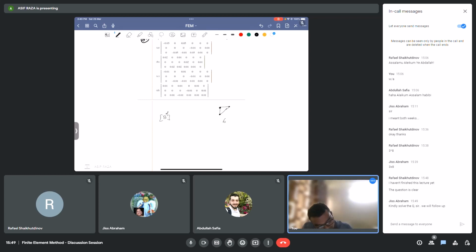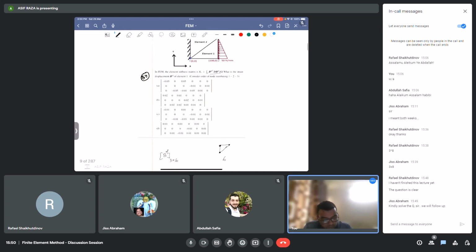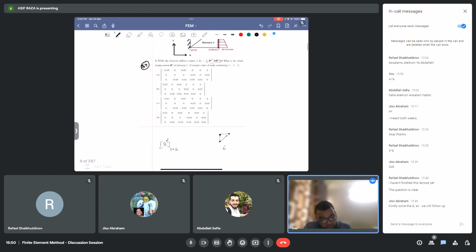At any point we need 3 strains, epsilon xx, epsilon xy, epsilon yy. So the dimension of the strain displacement matrix is 3 by 6. That is inconsistent with all the options.